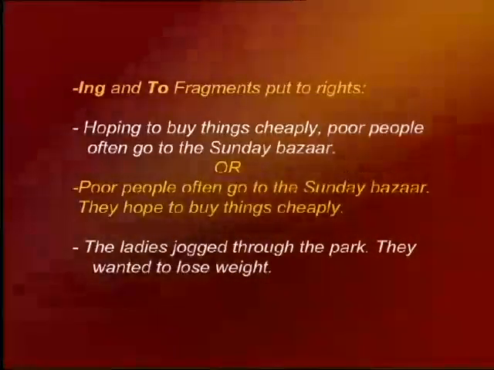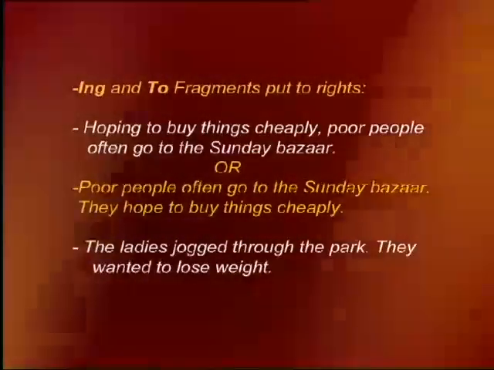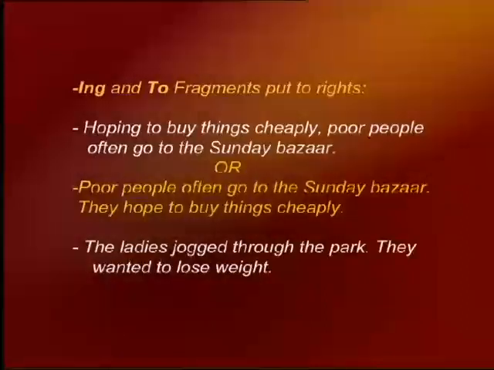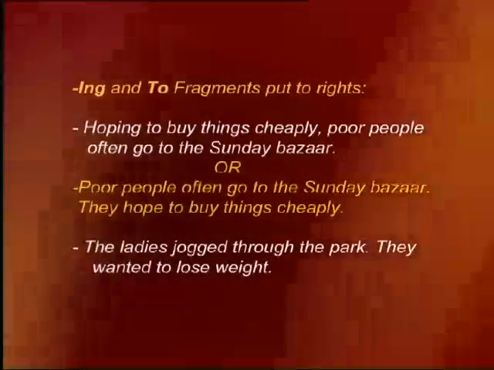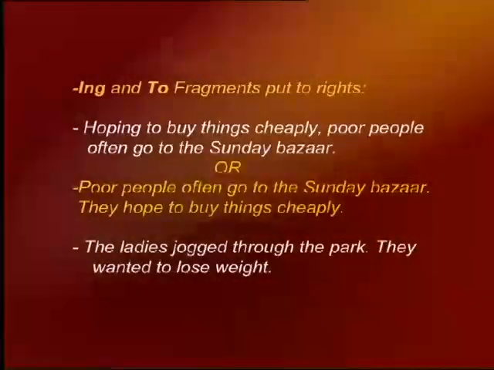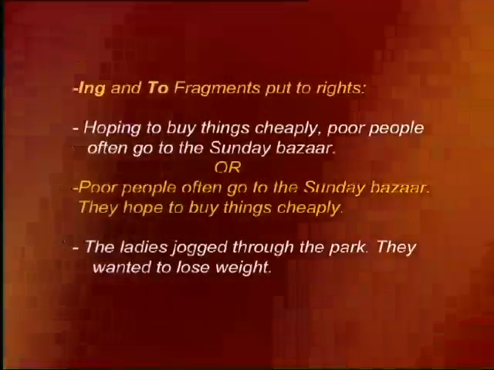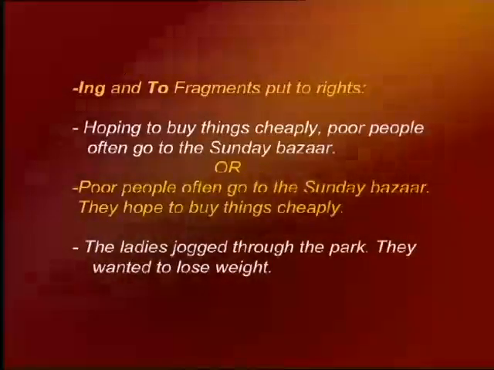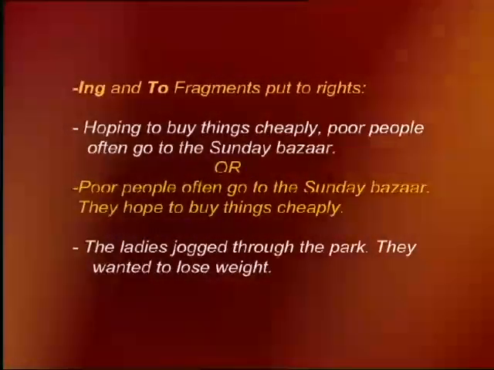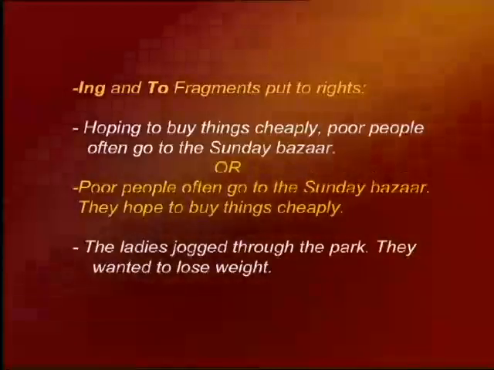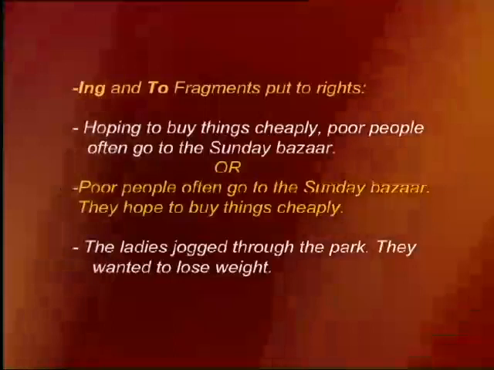You have connected the fragment, hoping to buy things cheaply, to the rest of the sentence. And the fragment doesn't remain anymore. The sentence is explained. Now, remember to put a comma after an ing or a to word group that starts a sentence.